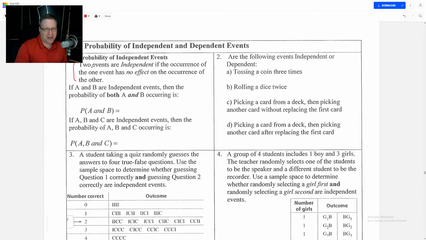What I get on my coin is not going to have any effect on what he does with his die. If I get a heads on my coin, then he is going to roll his die and get a 1, 2, 3, 4, 5, or 6 with equal probability. Me getting a heads does not change what he gets on his die. And if I flip a tails, it doesn't change either. So what I am doing, flipping a coin, and what he is doing, rolling a die, are independent events. They do not affect each other. They have no effect.